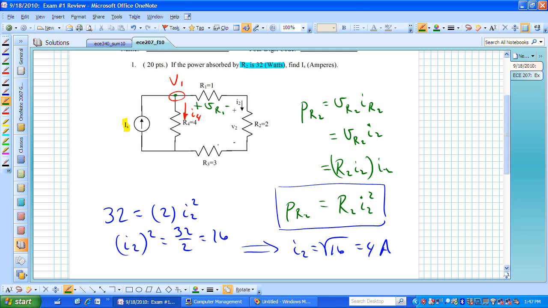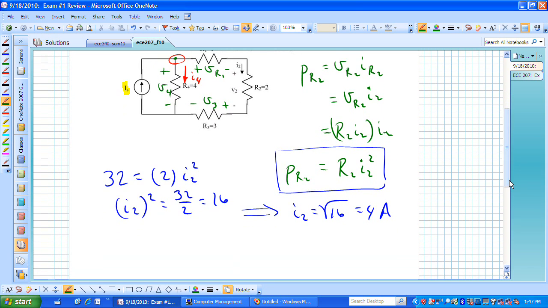We know V sub 2, and maybe I should just call this V sub 3 across that resistor. Once we know the voltage drops across R sub 1, R sub 2, and R sub 3, those by KVL give us the voltage drop V sub 4 across R sub 4, but V sub 4 is just V1, and we said, if we could find V1, we can obtain I sub 4, and once we have I sub 4 and I sub 2, by KCL we know I sub S. That's the strategy that we're going to employ.